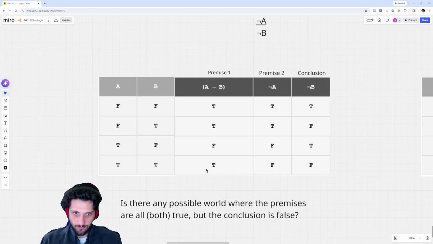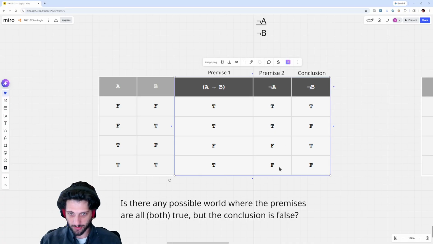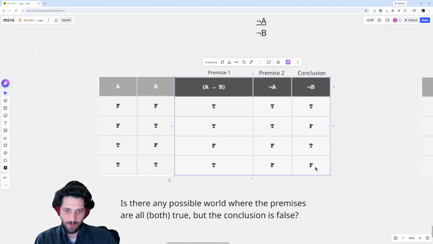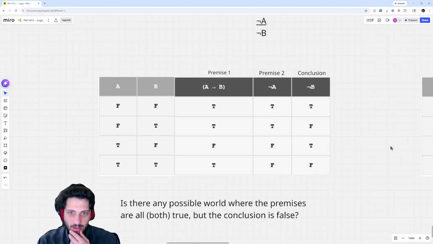In the 4th world, we're just jumping around a little bit, my first premise is true, but my conclusion is false. But it's okay because my second premise is false. I'm looking at this last world right here. What we're trying to ask is whether there is any world where both premises are true and they entail the conclusion. If one of them turns out to be false, I don't care if the conclusion is true or not, because then it wasn't about the premises, it doesn't matter.